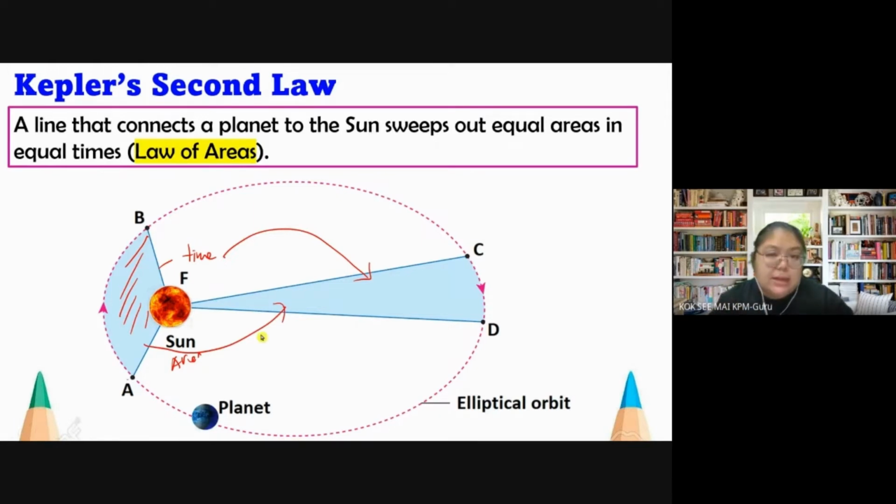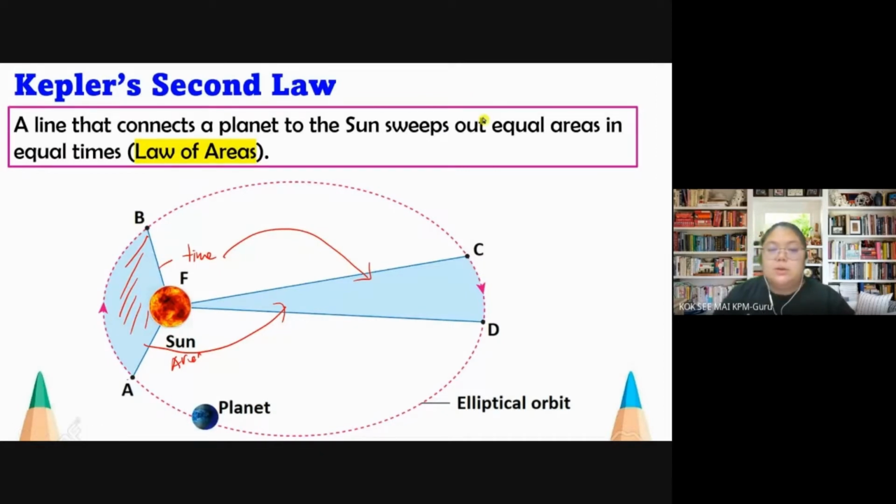So this is the second law they're talking about, the law of areas. So the planet sweeps from A to B, one area. Another one goes from C to D, also sweeping out an area. They find the area A to B is the same as the area C to D. This is from Kepler's second law. They're also talking about the time taken: the time taken to move from A to B and from C to D is also the same.